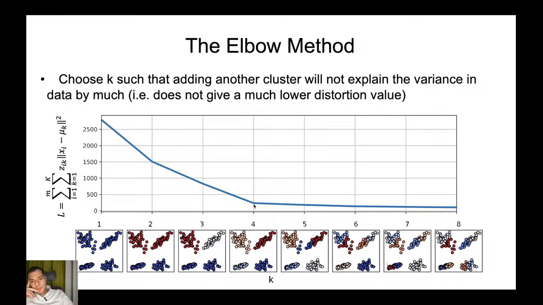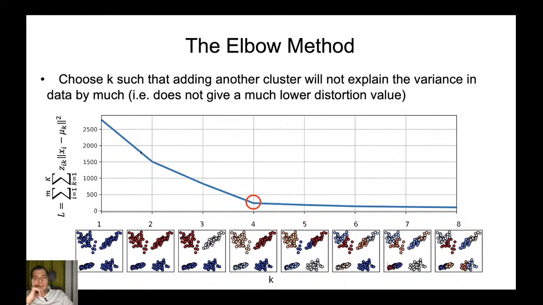And we observe that at a certain point, here at cluster 4, we see this elbow formation. If we interpret this graph as an arm, the elbow will be somewhere here.